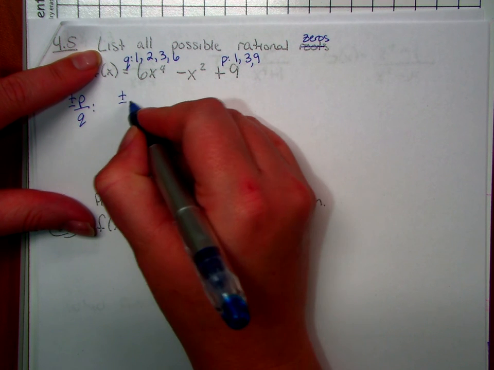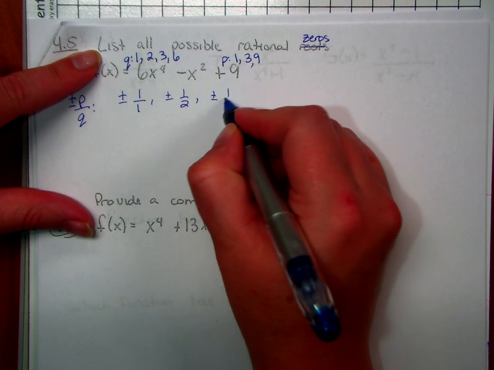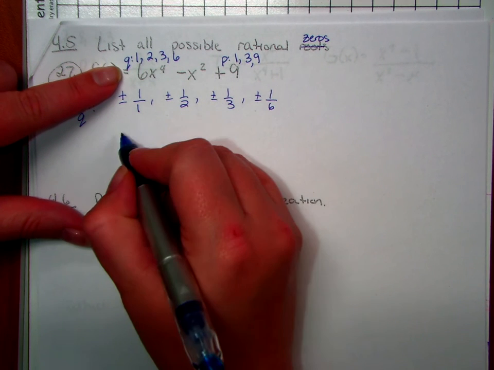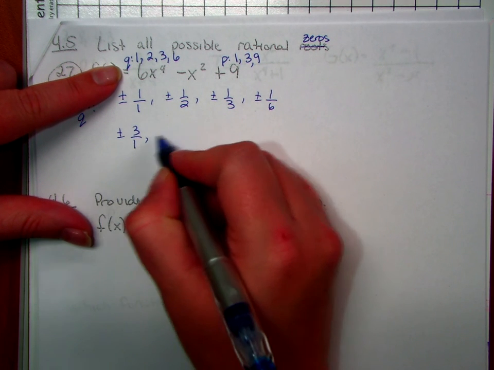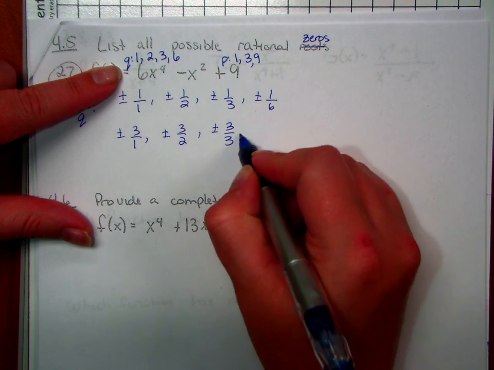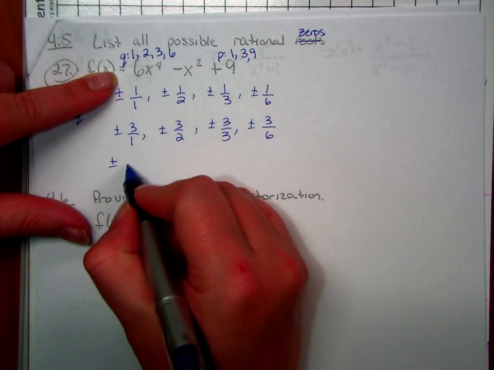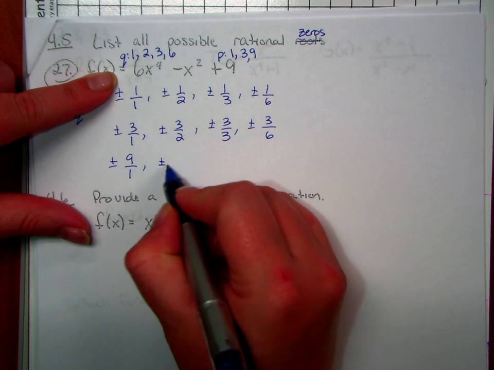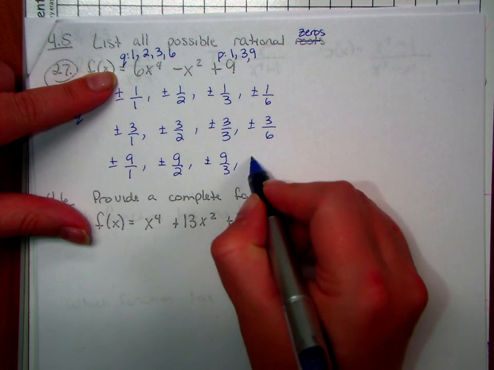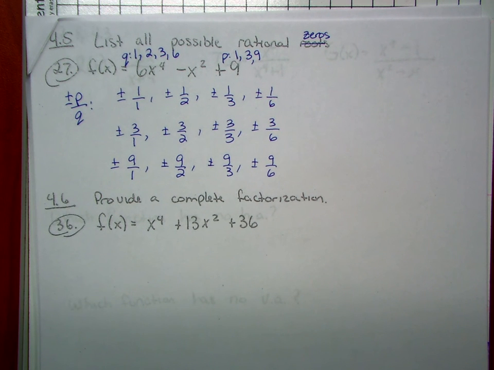So 1 over all the Q's looks like so. If I put 3 over all the Q's, and then 9 over all the Q's, here.